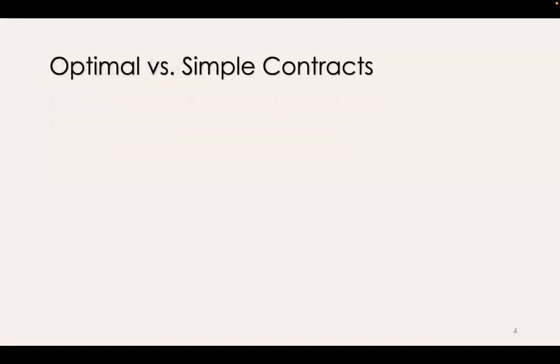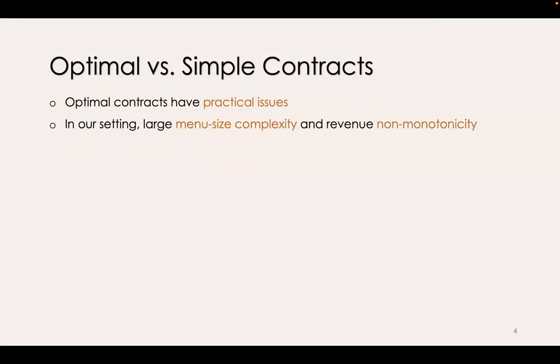Now, the focus of classic theory is mostly on the design of optimal contracts that achieve the highest possible revenue for the principal. In practice, optimal contracts can be challenging since they may involve extensive analysis and computing complex, non-intuitive terms to the agent. In our model, we actually show that optimal contracts can have large menu-size complexity, which basically means that the amount of information transferred from the principal to the agent in a straightforward communication of contract is large.